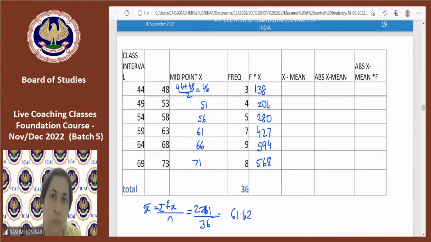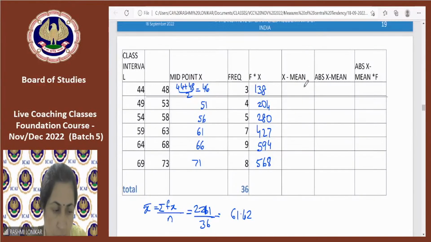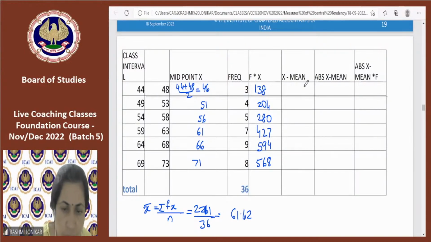Once I have found the mean, now I can find the mean deviation. How do I find the mean deviation? From this, I will subtract each number x from the mean, and then we will get x minus mean.